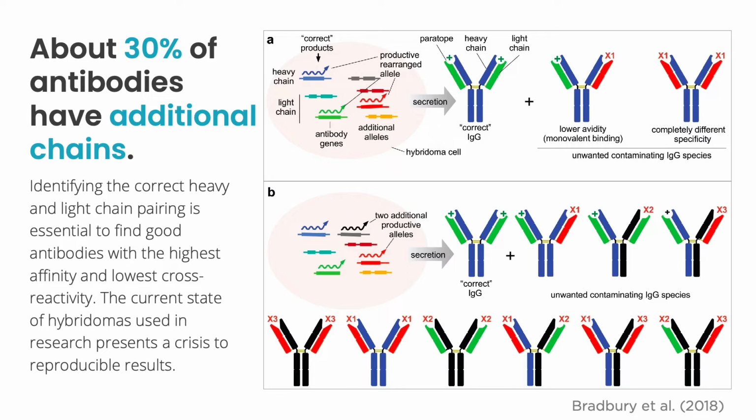When we're talking about an additional heavy and an additional light chain, then we only have one correct IgG pairing and 9 unwanted contaminants. And it's completely unclear what these unwanted pairing variants are actually going to bind to and could create some really, really big challenges in the actual characterization of an antibody.